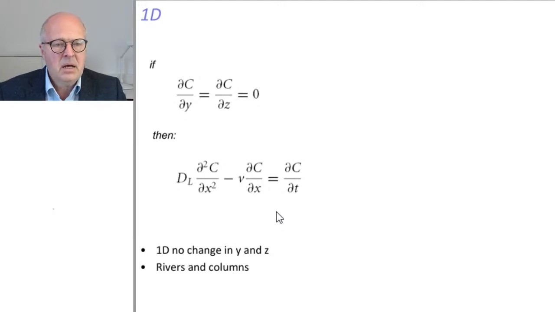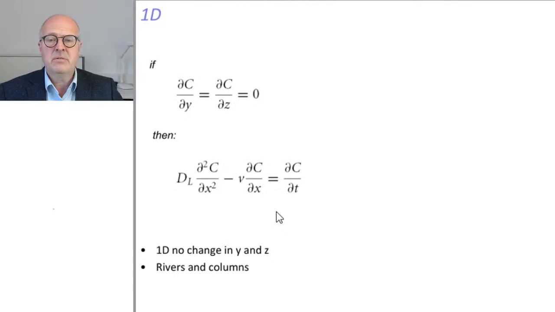In that case, of course, the change of concentration over y and z is not important, like the dispersion over depth is reached very quickly and across the channel also, so we neglect it and we just get a simplified differential equation for the transport, which looks like: change of concentration over time is a result of the dispersion in x direction and the advection process, v times change of concentration over space, which is just the shift.